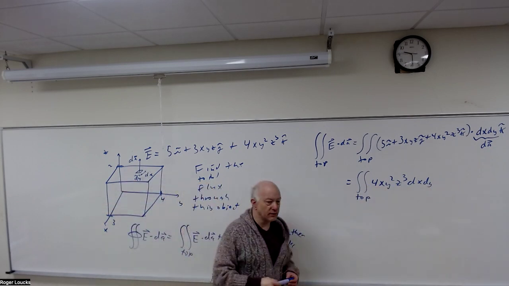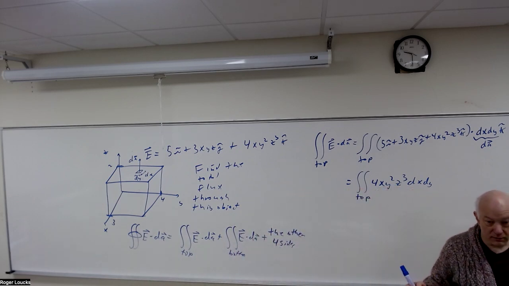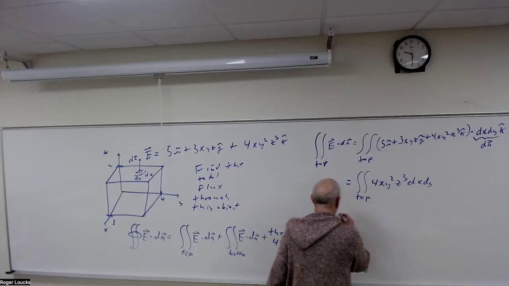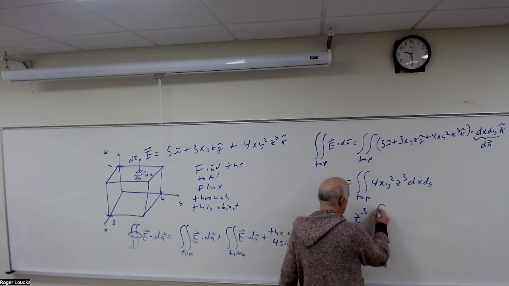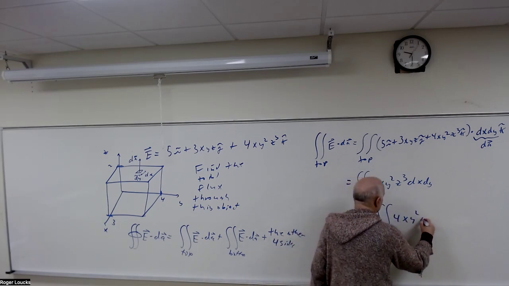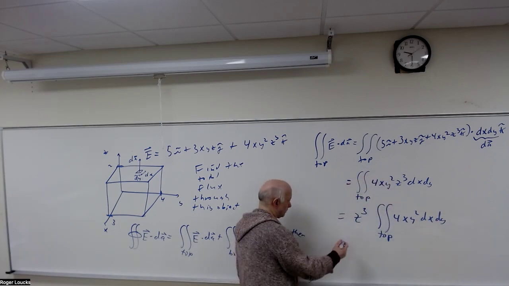What do we know about the z on the top? It is a constant, so what can I do with it? I can pull it out of the integral. I'm going to write this as z cubed, and you can put it right there. So the integral over the top, 4xy dx dy here. Okay, z cubed is a constant.